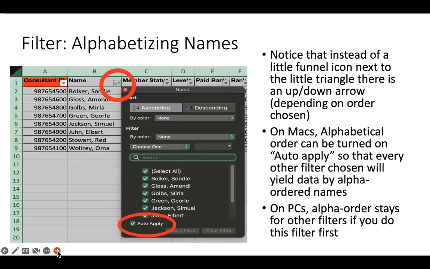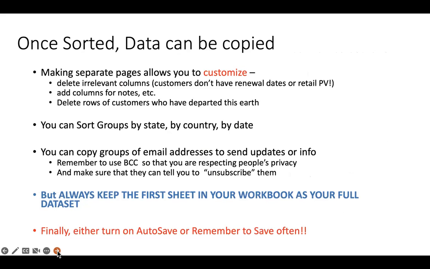On the Macs, alphabetical order can be turned on, auto apply, so that every other filter chosen will yield data by alpha ordered names. On PCs, the alpha order stays for other filters if you do this filter first.